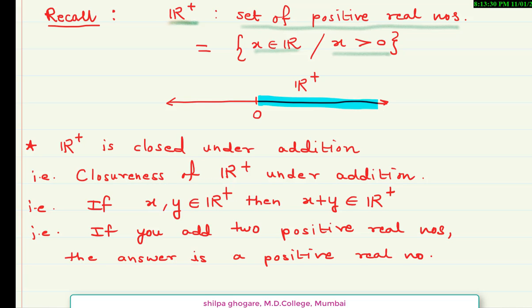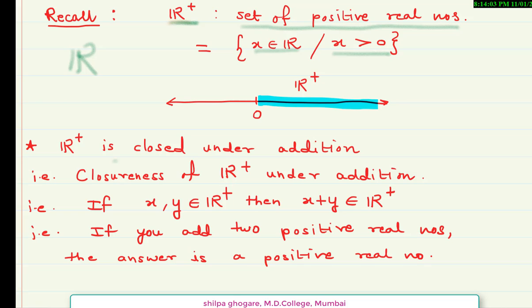On the number line, our real number line is seen like this, and you have the additive identity 0 somewhere over here. All those real numbers which are on the right hand side of 0, that is x greater than 0, belong to the set R plus.